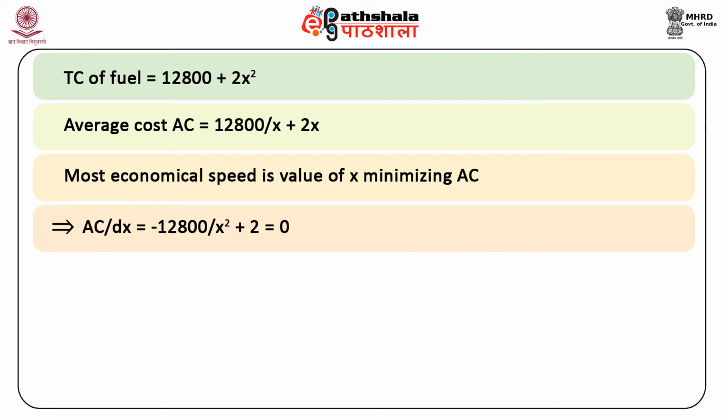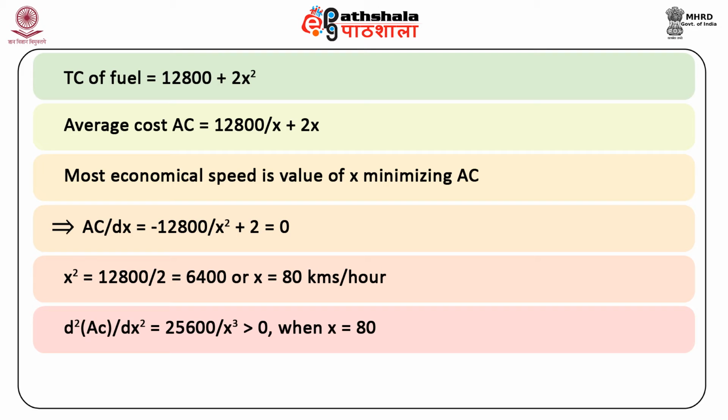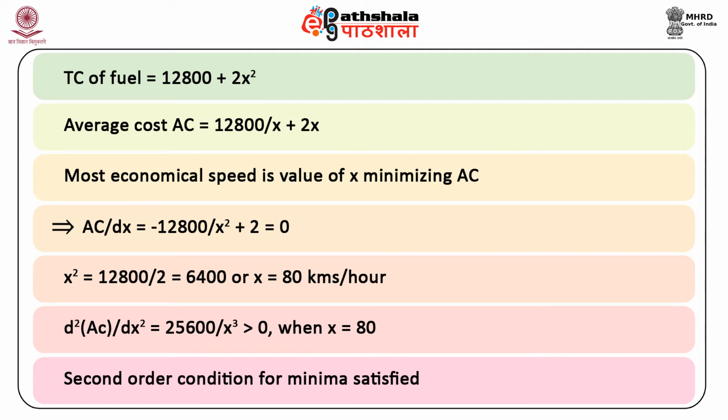So dAC/dx is 0 for a minima, which gives x equal to 80 kilometers per hour, and the second order condition provides the second derivative of AC with respect to x at x equal to 80, which is positive. The second order condition for minima is hence satisfied.